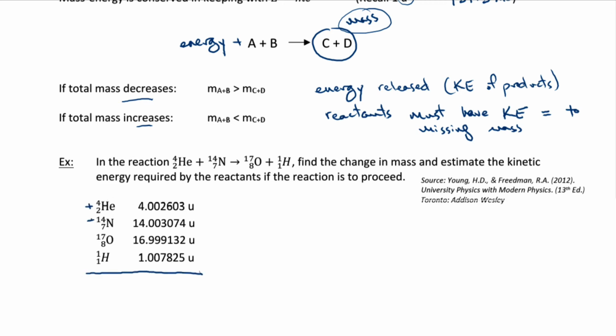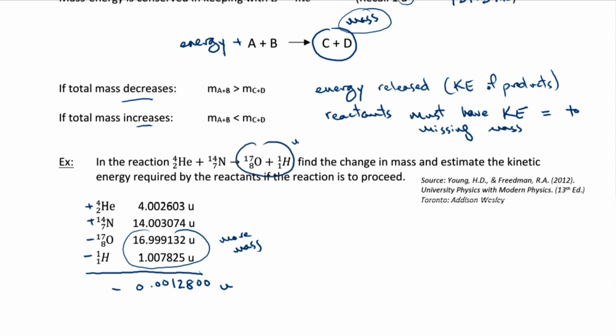So let's make these positive, and these two are on the right side. We'll make these negative. And then I've calculated this ahead of time. If you add all these up, being mindful of your signs, you get negative 0.00128800 atomic mass units.